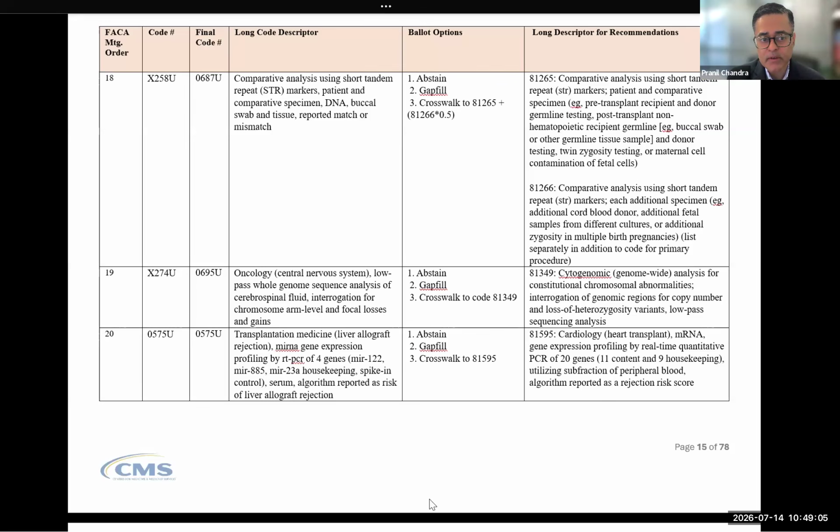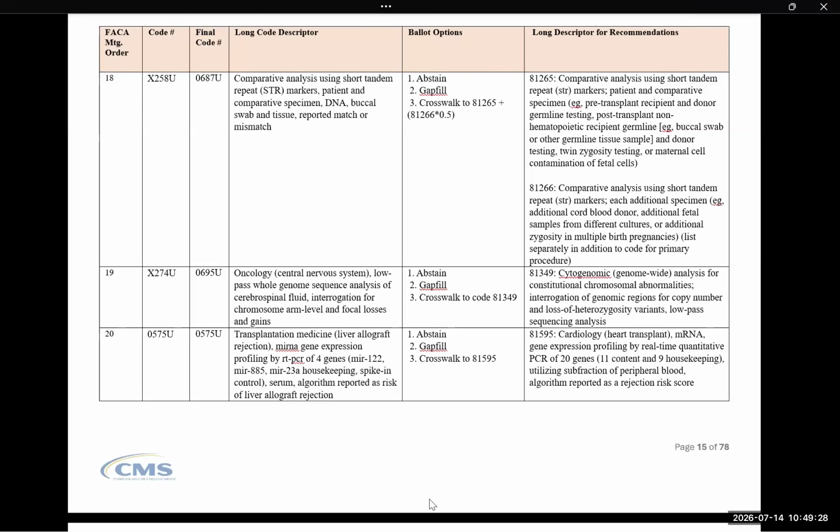The sponsor gave another great presentation with their recommendations, which was a crosswalk to 81349. That was well done. And I agree with that crosswalk recommendation of 81349. Thank you. Do we have any other options, questions, or comments from panel members or CMS?